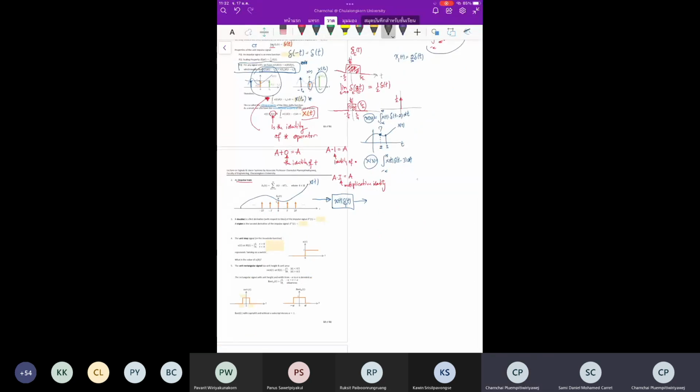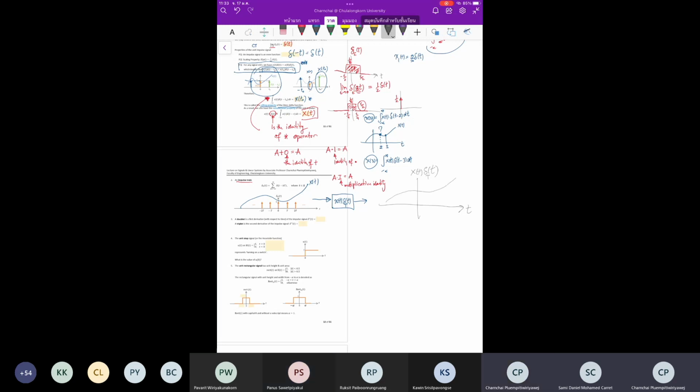Can you draw the graph? This is x of t multiplied with the impulse train. What would you get? Well, it's like a discrete signal, something like that.